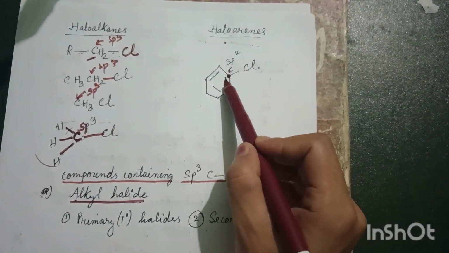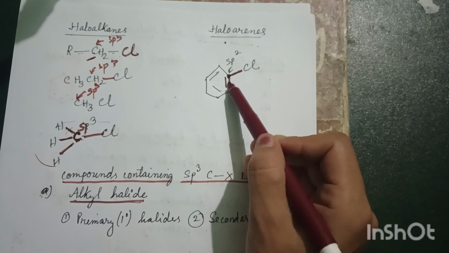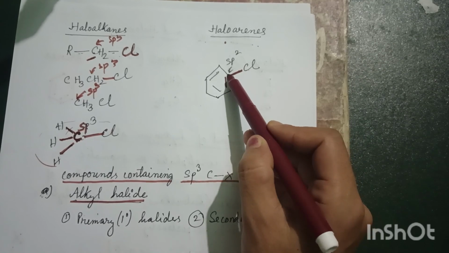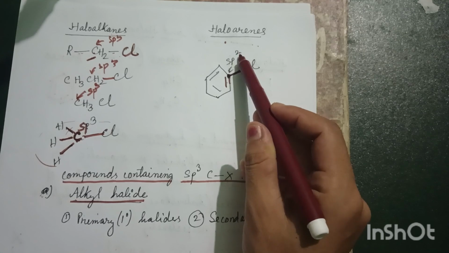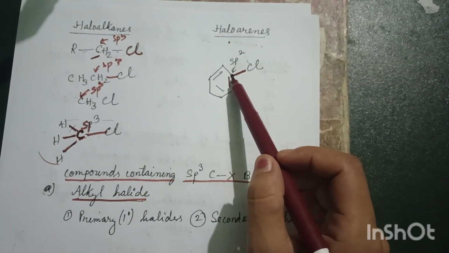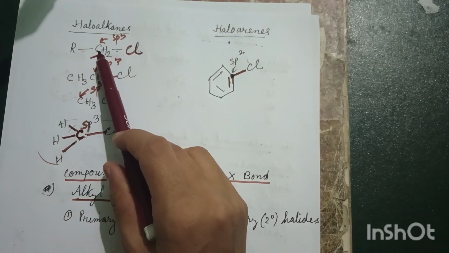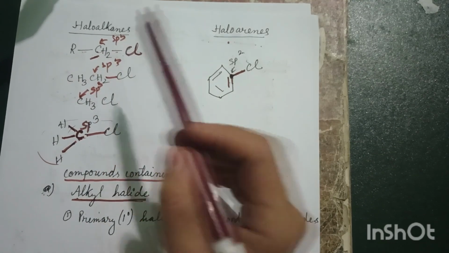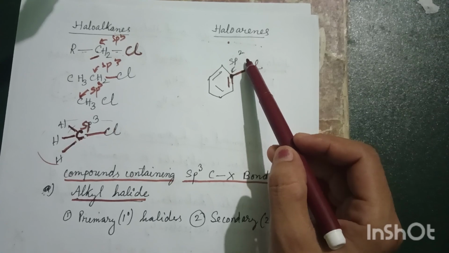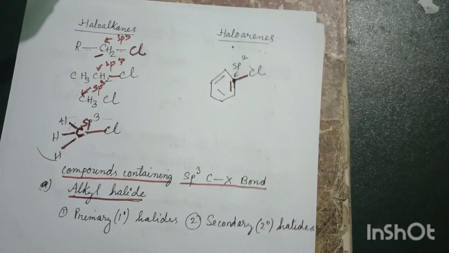In this one, the carbon connected to Cl is double bonded, and a double bonded carbon is sp2 hybridized. So the difference is that one is attached to a single bonded carbon, which is sp3 hybridized, and the other to a double bonded carbon, which is sp2 hybridized. This is the difference between haloalkanes and haloarenes.